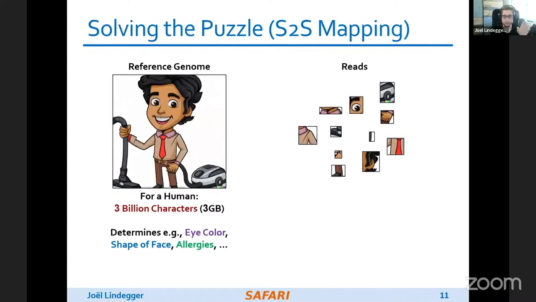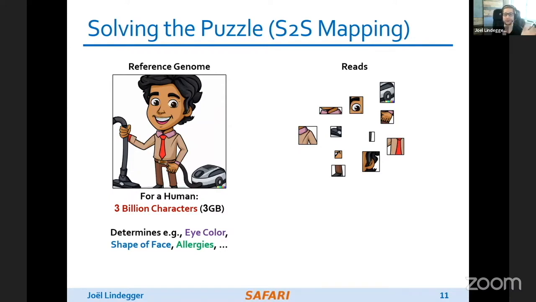So if the reference genome corresponds to the full picture, then reads would correspond to small fragments of the picture. Now, it doesn't necessarily mean that each read corresponds to exactly one feature. Rather, it corresponds to substrings of the entire string of these 3 billion characters.